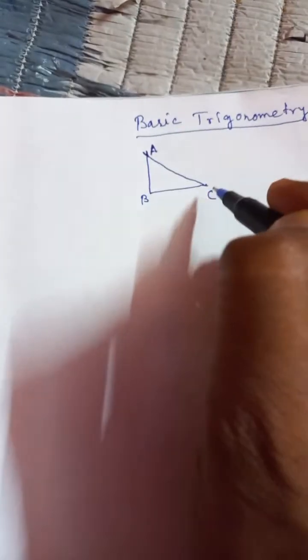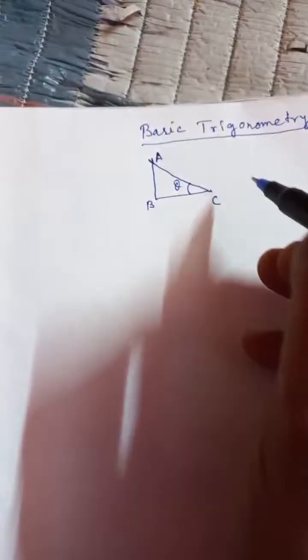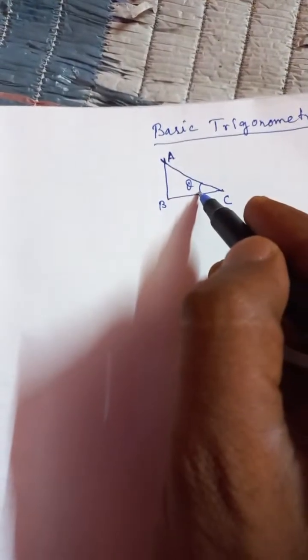Let's draw a right triangle. This is right triangle ABC. This is the angle theta.